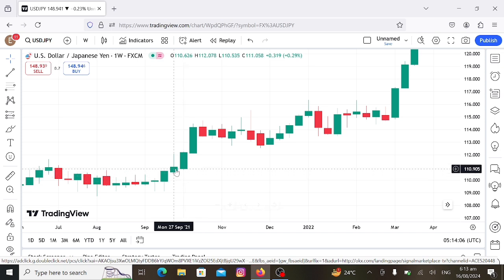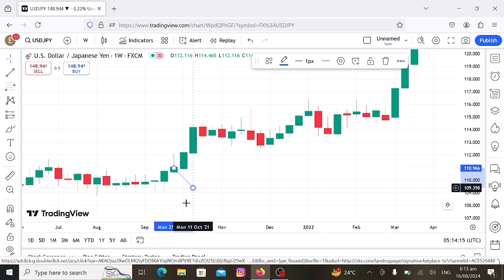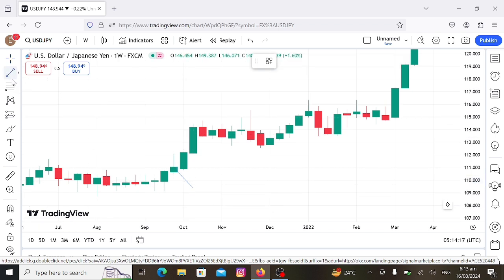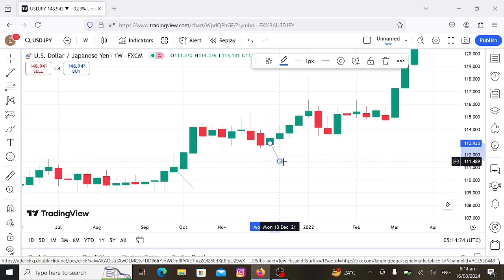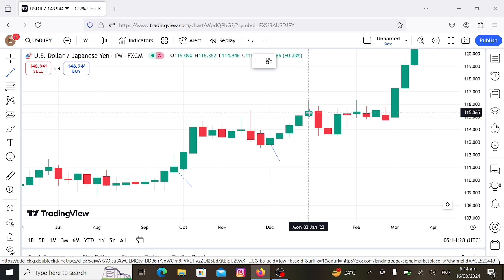This is an inverse hammer, one. Let me map them out. One. This is another one, two, inverse hammer. This is also an inverse hammer.